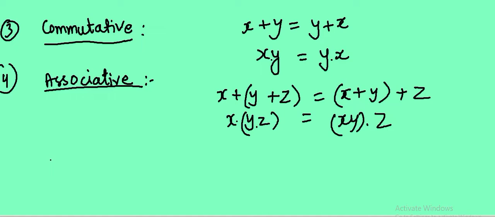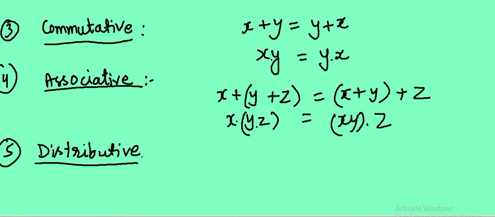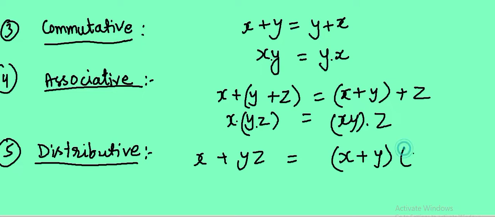The fifth law is the distributive law. Here x plus yz: the plus will be distributed, giving x plus y and then x plus z.